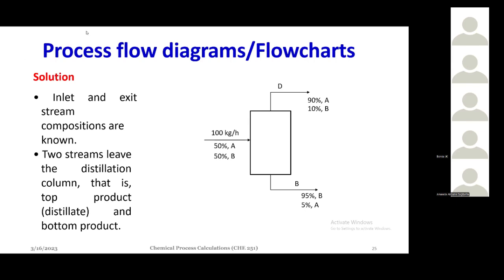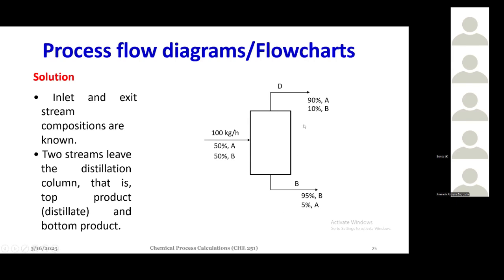Now, the whole idea is that the 100 kg per hour is entering your distillation column, and that 100 kg consists of 50% A and 50% B, which we cannot see with our eyes, but just take this as a pipeline, right? And then there's A and B in the pipeline. So what we can see is this one entering the distillation column. When it enters, it separates into two.